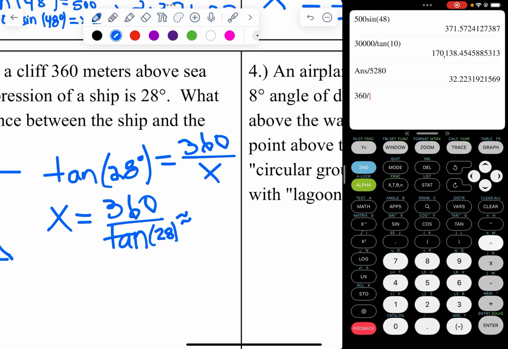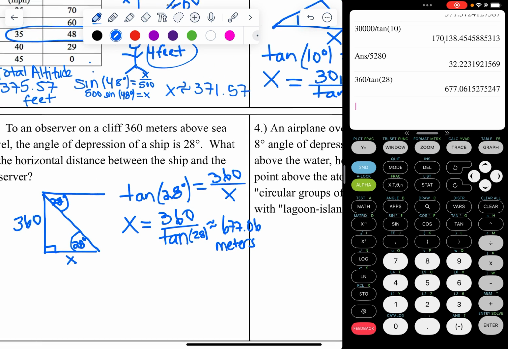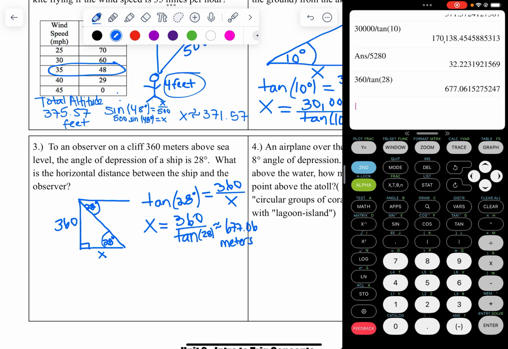So 360 divided by the tangent of 28, and we would get 677.06 meters. So the horizontal distance between the ship and the observer would be 677.06 meters.